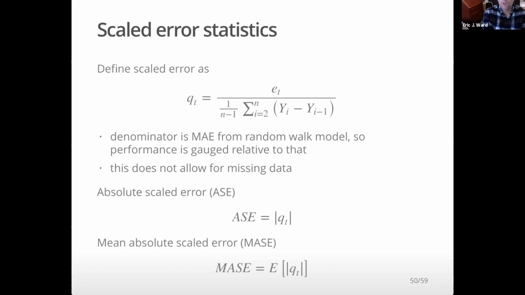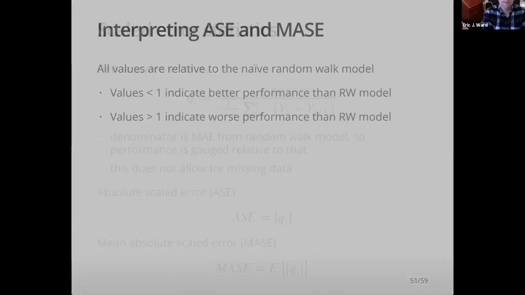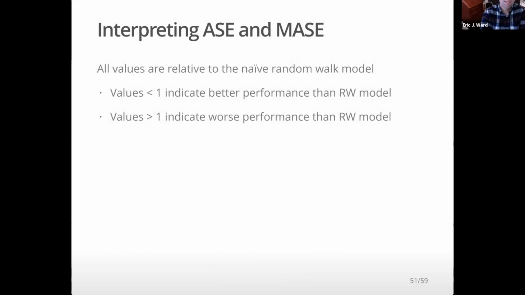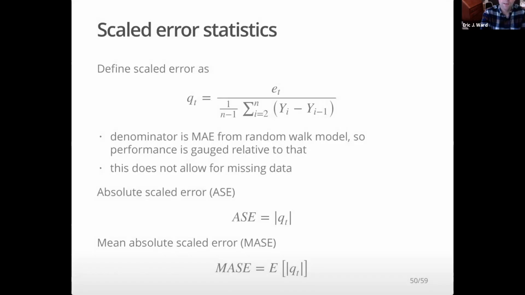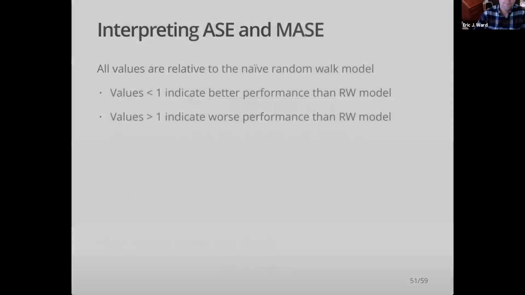And so if we can do better than the random walk, those are obviously the models that we want to identify. So in terms of interpreting these values, going back to this equation, when these values are greater than 1, we're going to get worse performance than the random walk model, and when they're less than 1, we're going to get better performance.